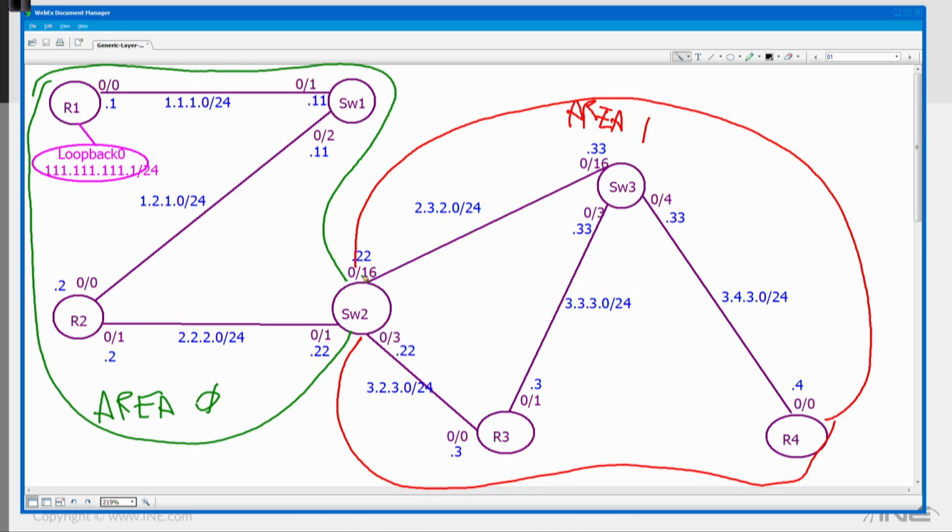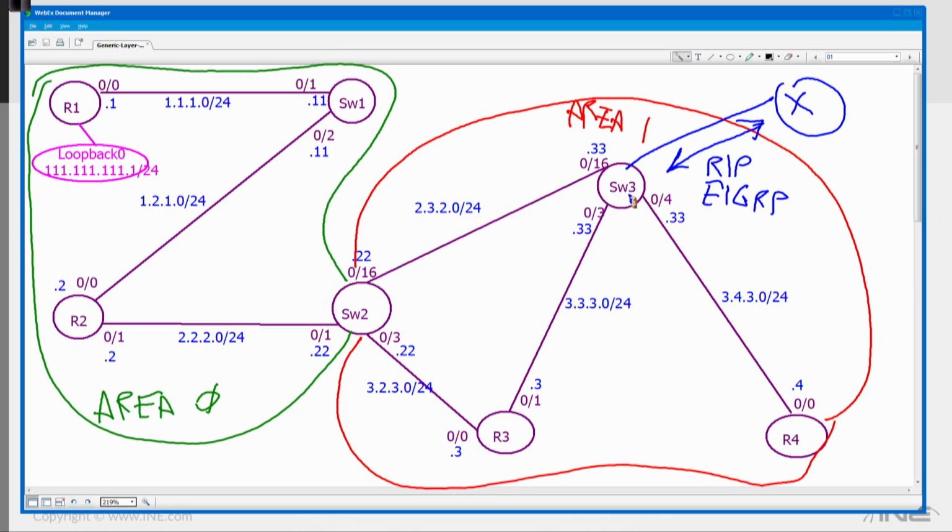And then the last type of router, let's say that we had a router right here, router X, that was connected to switch 3, and these two guys were doing something that was not OSPF. Maybe it's RIP. Maybe it's EIGRP. It doesn't really matter. The point is, switch 3 is learning about routes via some non-OSPF method.